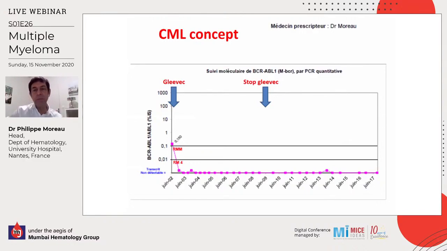So this very simple picture that all of us know very well may not be true, in fact, for multiple myeloma. We have to keep in mind that it took us 15 years to demonstrate that it was possible to stop Glivec, and we know now that when patients remain MRD negative for 5 years with Glivec for CML, we can stop Glivec. Half of them will never relapse and half of them will relapse, but we can retreat them with Glivec and it will be effective subsequently.